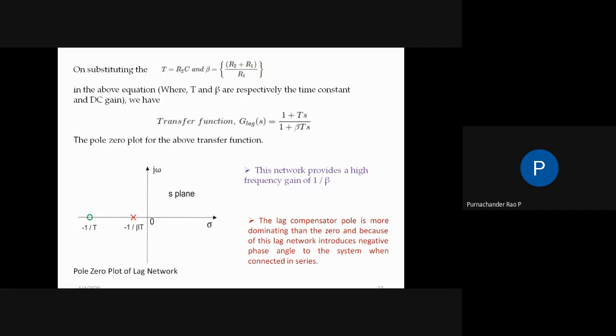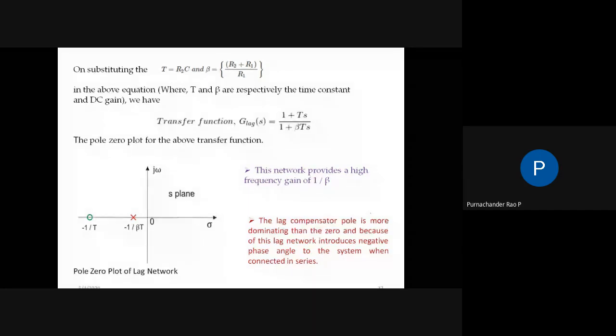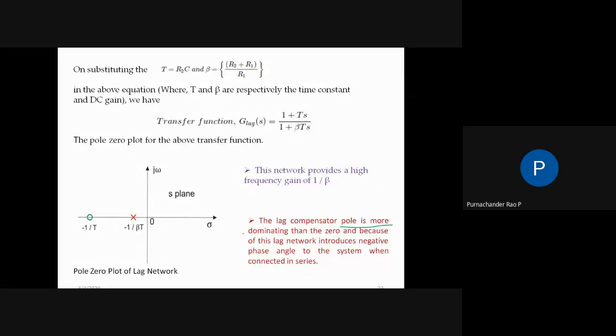In the lag compensator, the pole is more dominating than the zero. Because of this, it produces a lag network, and it introduces a negative phase angle into the system. Positive minus negative, the negative is more dominating, so we get a negative phase angle into the system.